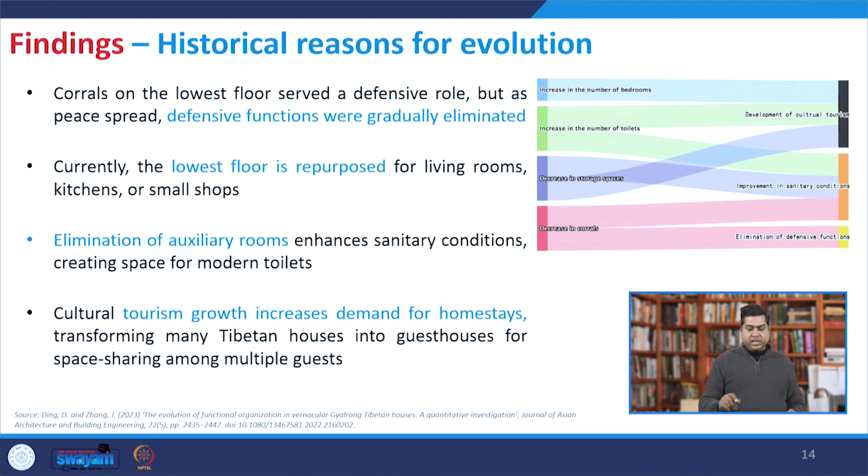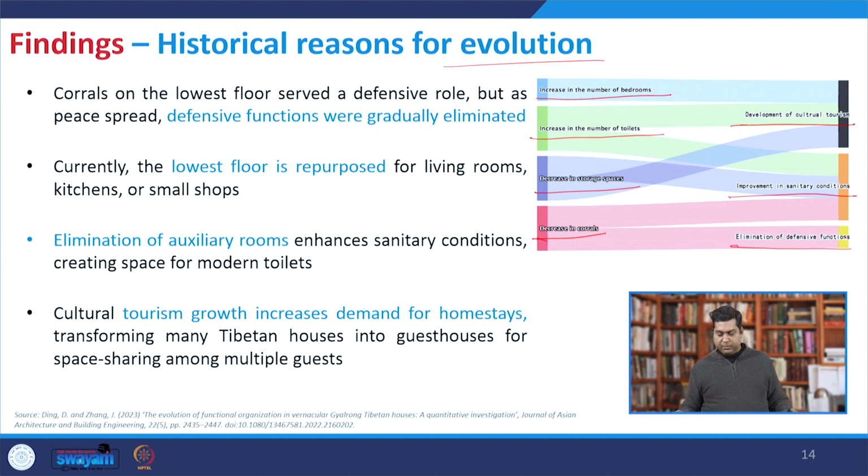Now, the historical reasons for evolution. There are certain reasons that the authors have identified, like an increase in the number of bedrooms, an increase in the number of toilets, a decrease in storage spaces, a decrease in corrals, the development of cultural tourism, improvement in sanitary condition, and elimination of defensive functions.